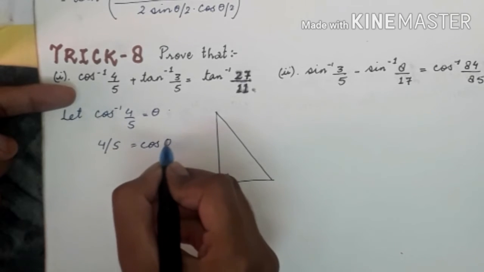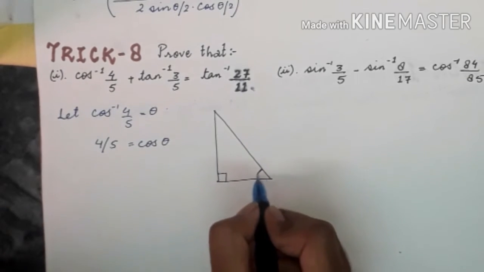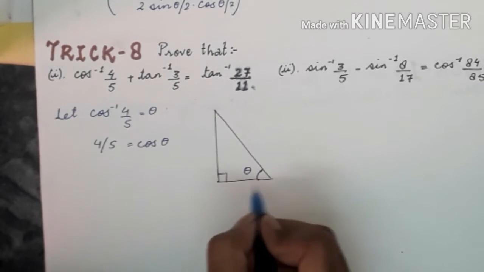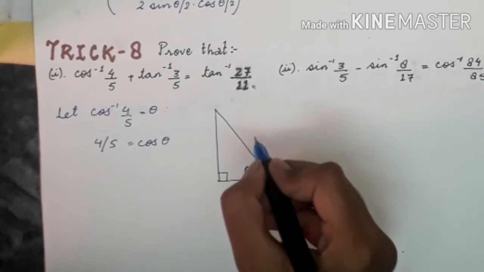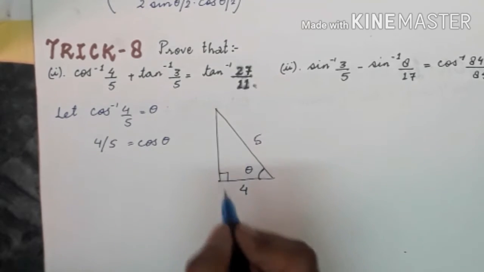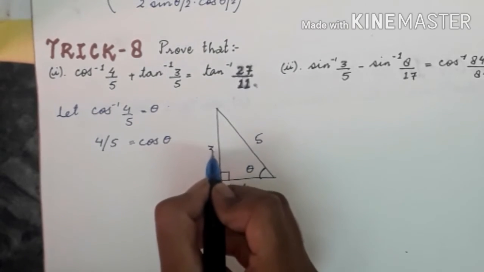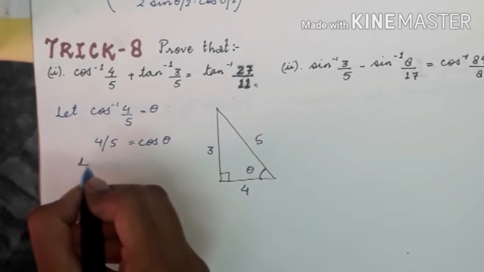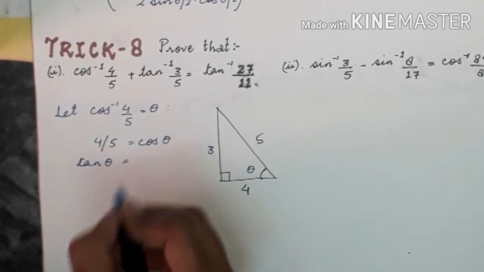Four by 5 is equal to cos theta. So let this angle be theta. Cos theta is base upon hypotenuse. Okay, base upon hypotenuse. This will be 3, when you use Pythagoras. Now can you find the value of tan theta from here? Yes, of course.